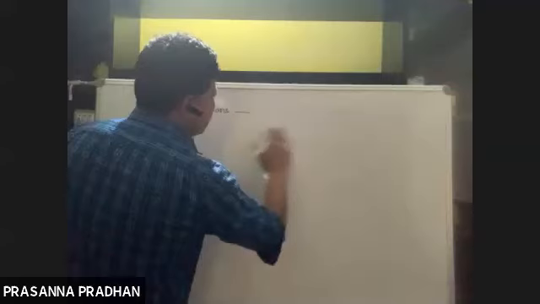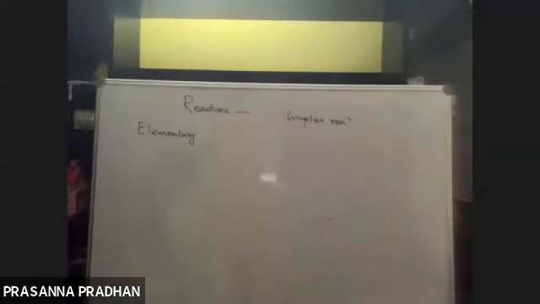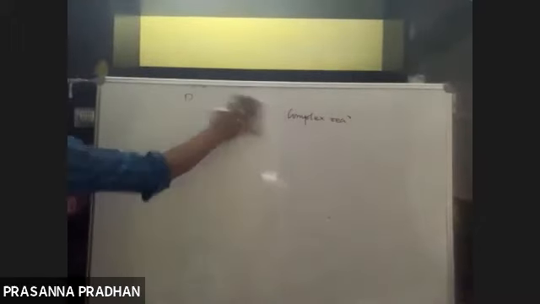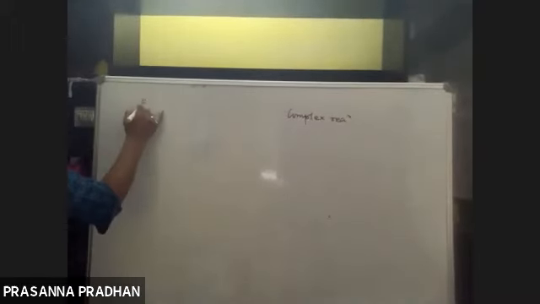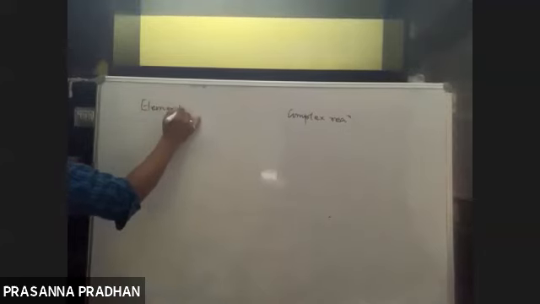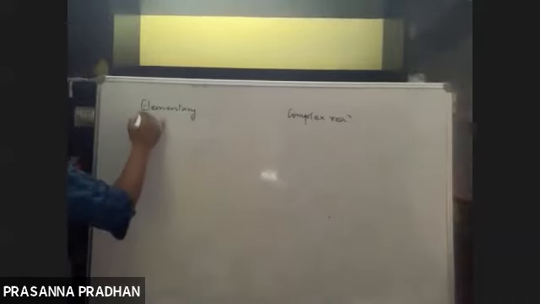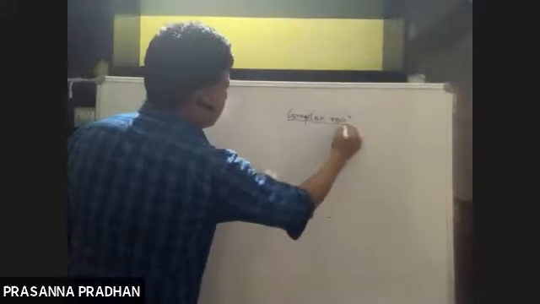So there are 2 broad categories of reaction: one is elementary, and the other one is complex. I think you have heard of these types of reactions before. So what is an elementary reaction then?